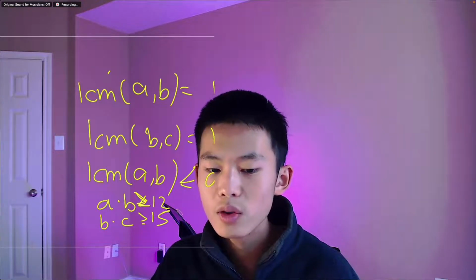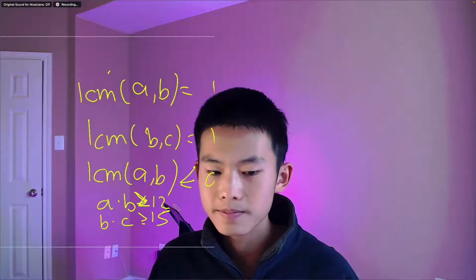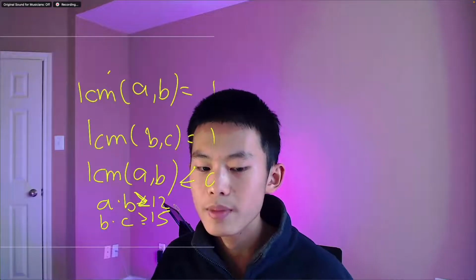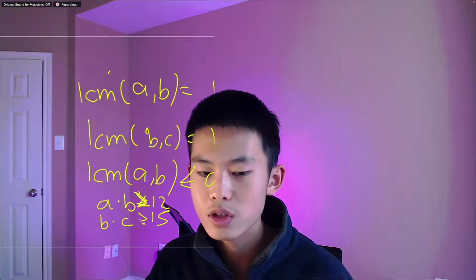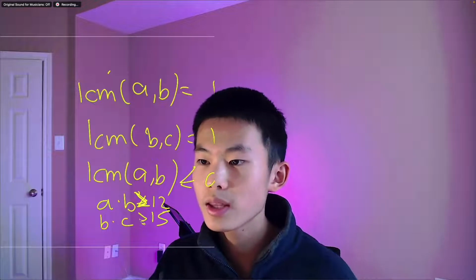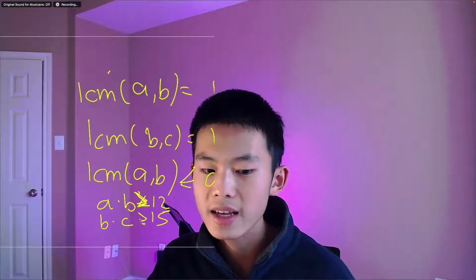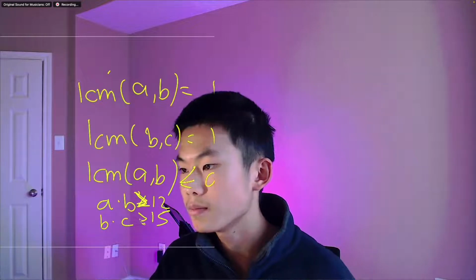So we want to figure out the least possible value of A times C. Let's just suppose that A times B is greater than or equal to 12, and we want to minimize A times C. So we want to make sure that A times B and B times C are as small as possible, right?